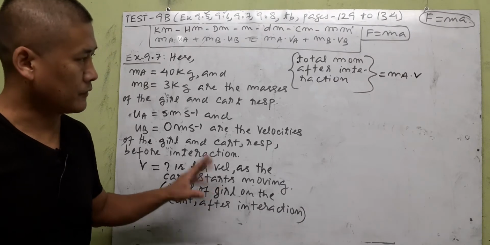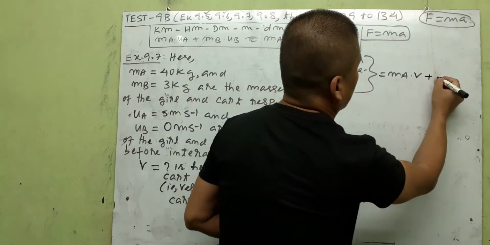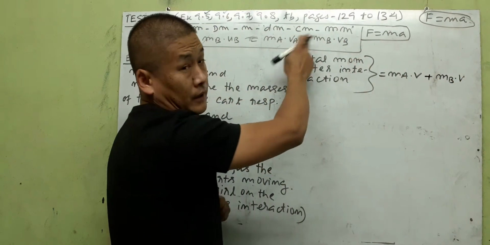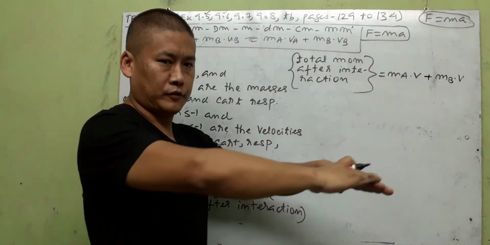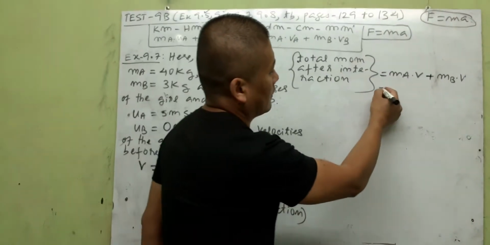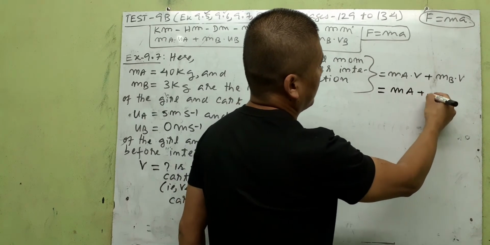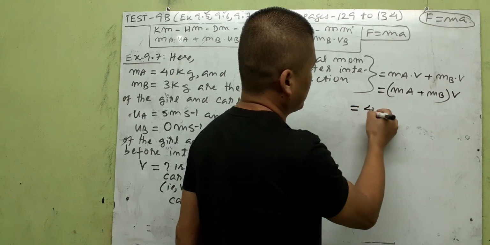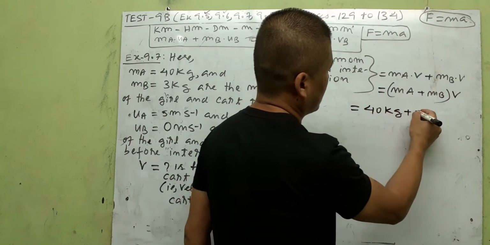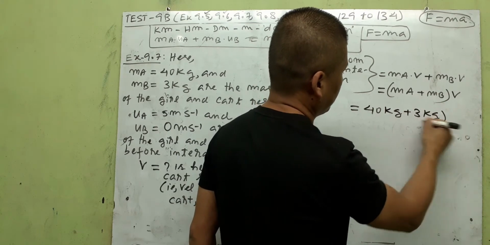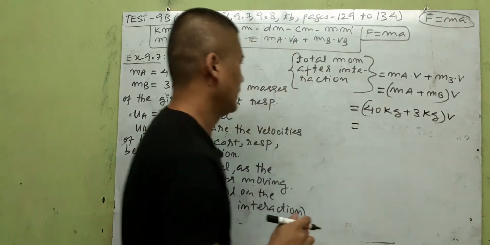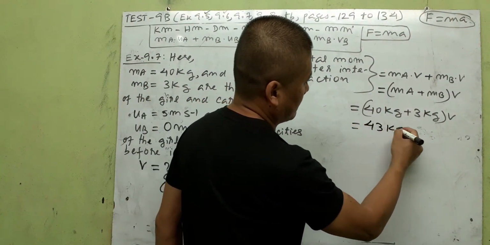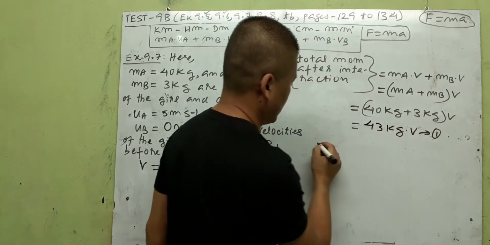Girl also V, cart also V, so you can use MA V plus mass of the cart MB into V. VA and VB will not come into picture because both of them are moving along together, same V. So if you take out the common factor, you will get MA plus MB in bracket, then V common can come out. So MA is 40 kg plus cart MB is 3 kg into V. So this we get 43 kg into V. Let us keep this one as equation 1.